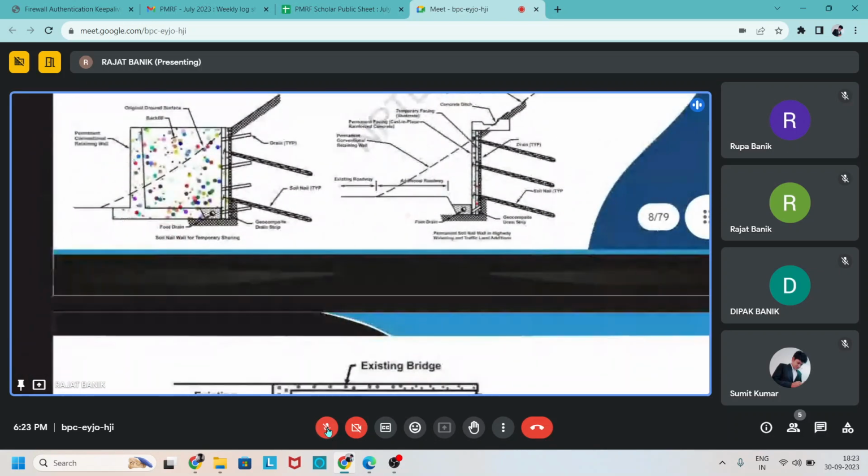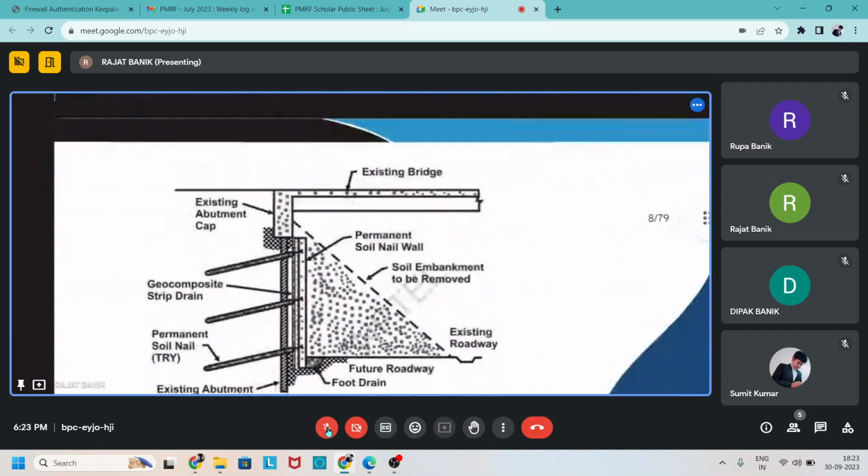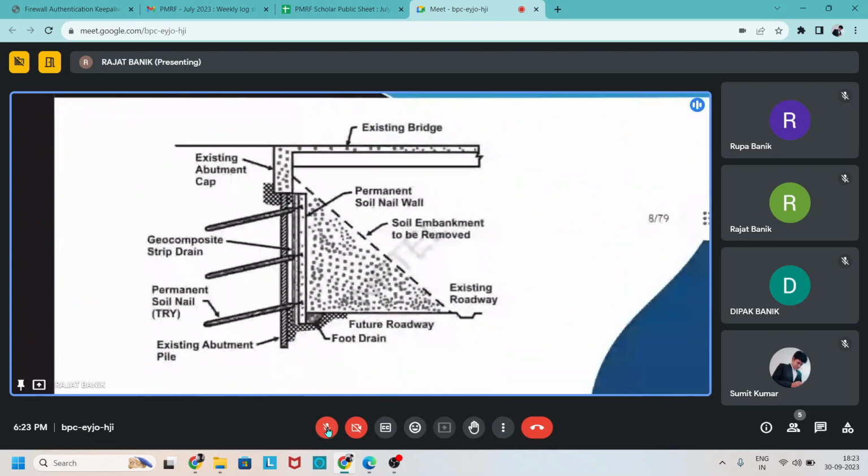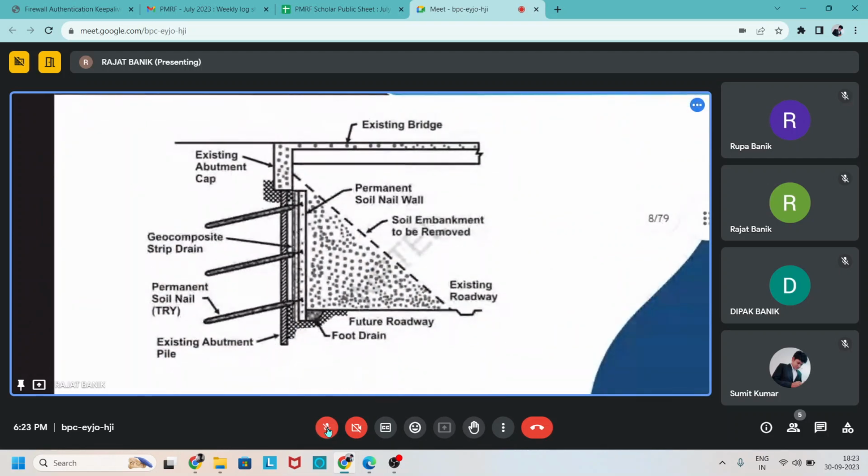Now we discuss this soil nailing which is used in the bridge embankment. If you see, there is one figure given for an existing bridge.